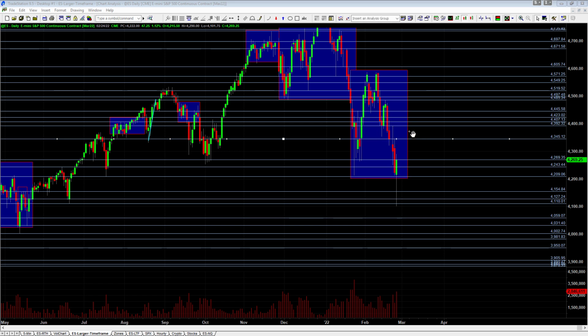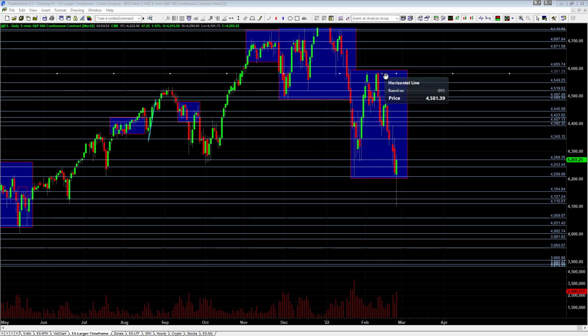I mean, you can think of the same idea applying here, right? You know how the move starts up here and we break down? Well, there's no clear breakdown bar because the move starts up here. In order for there to be a clear breakout or breakdown bar, the move has to start from the edge of the range.